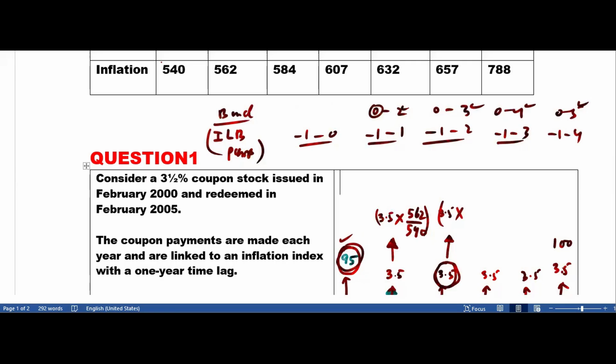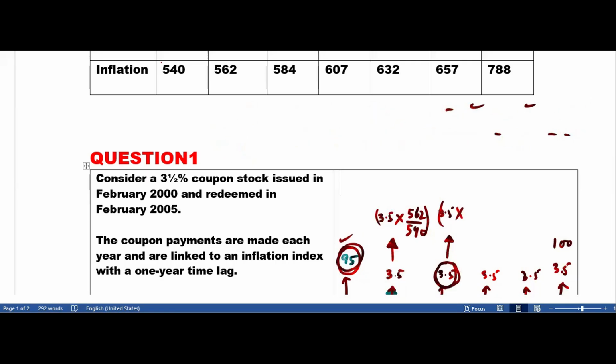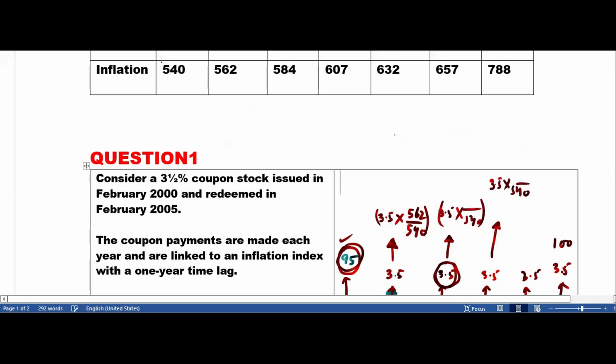That is 540 here. So in the denominator you write 540 all the time. Will not think more. And here this one 3.5, 540. Here 3.5, 540.